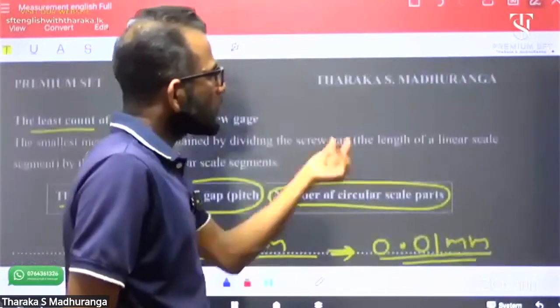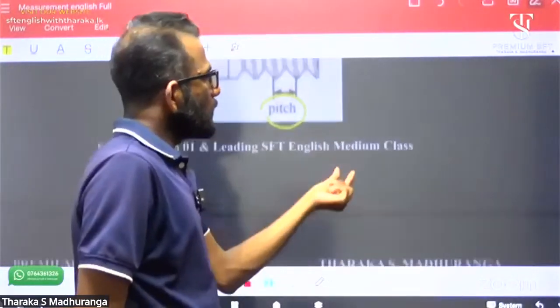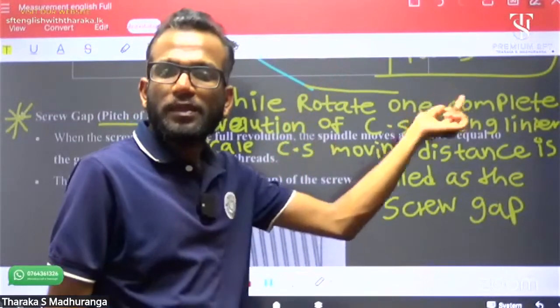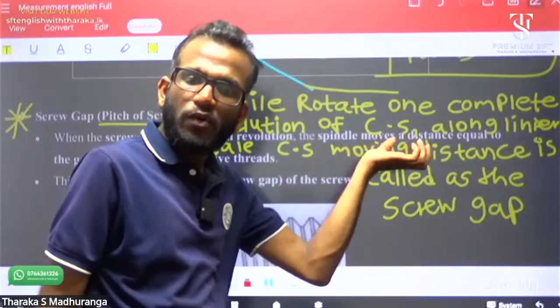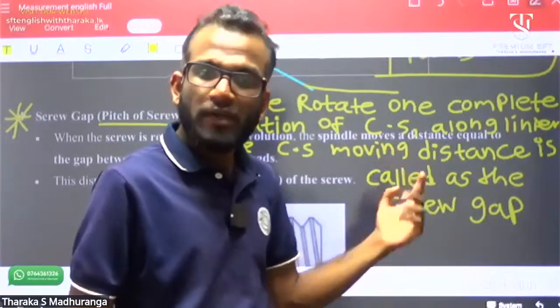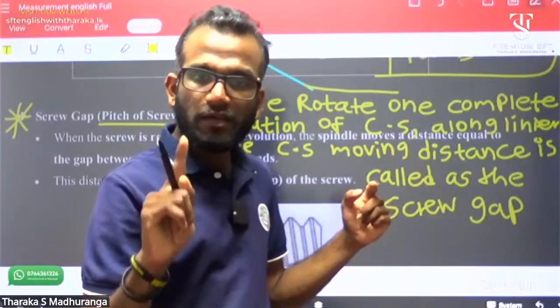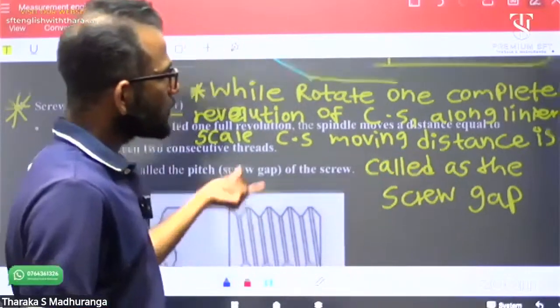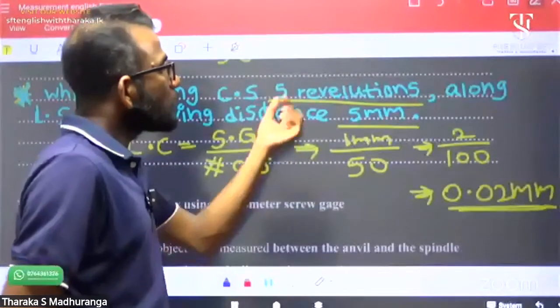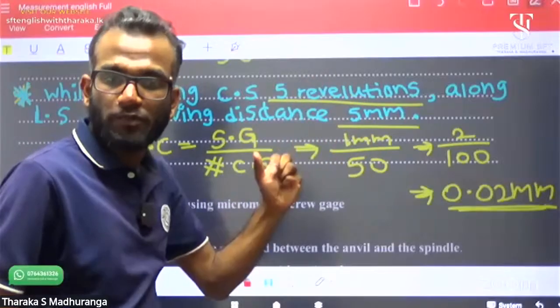First you need to understand perfectly the meaning of screw gap. The distance the circular scale moves in one complete revolution is the screw gap, but the question gives 5 revolutions, in which 5 millimeters are moved.